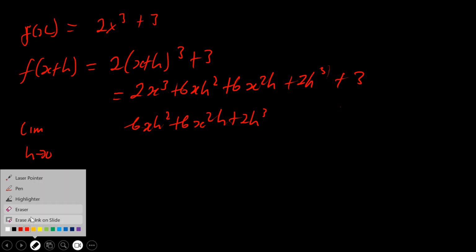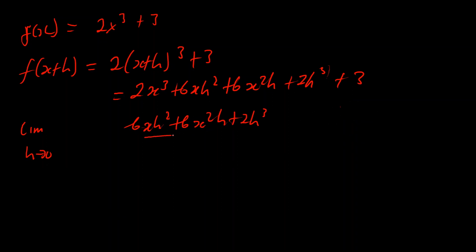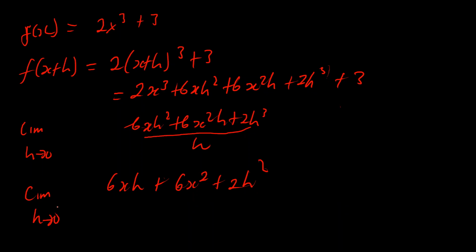So I can now divide it by h. Now 6x h squared divided by h is going to be left with 6x h, plus 6x squared h divided by h is going to be left with 6x squared. Then this is going to be left with 2h squared, right? So you are finding the limit as h approaches 0 of this new function.